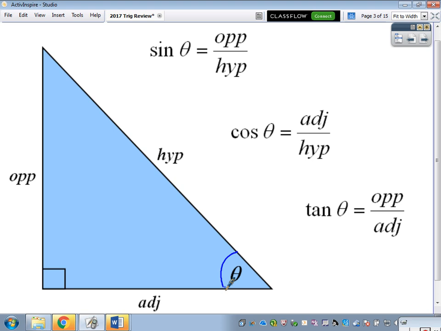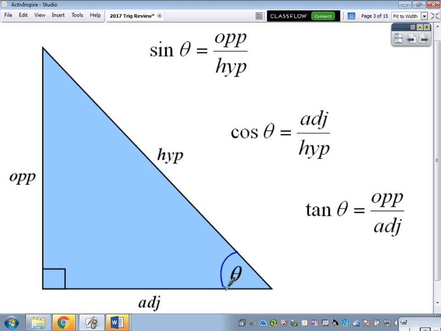Next to it will be the adjacent, and the hypotenuse is always going to be the longest side of that right triangle. Now, I know you know this, but just a refresher. If theta were not in the lower corner and in the upper corner of this right triangle, what would switch? The opposite and the adjacent side, because it depends on what is the opposing side and what is right next to it.